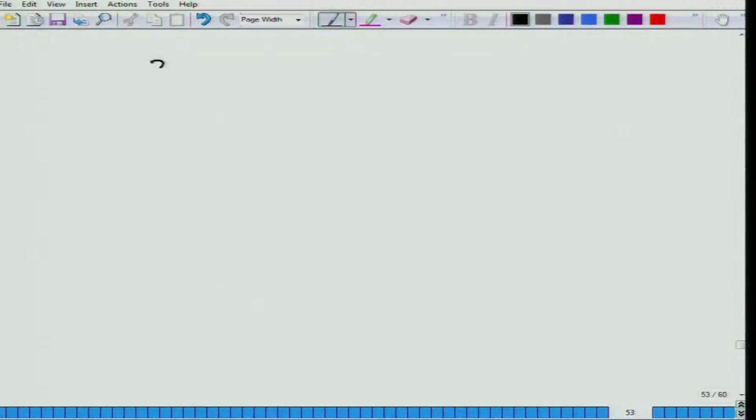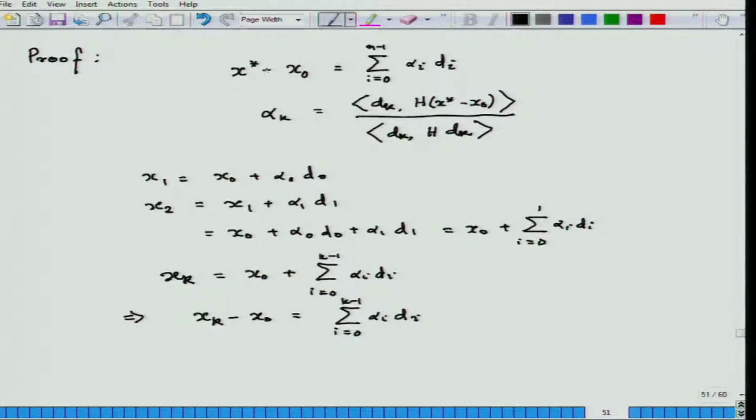Now, x n, the nth step, is x naught plus summation i equal to 0 to n minus 1 alpha i d i. At the very beginning we wrote x star is equal to x naught plus summation alpha i d i.